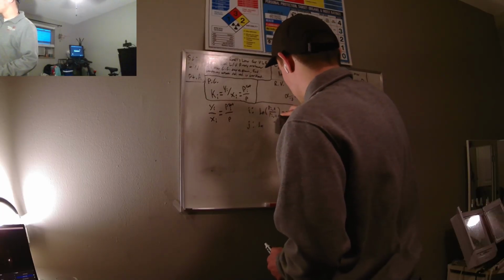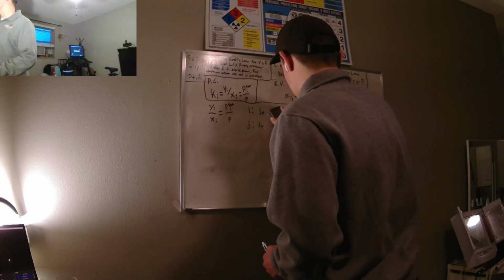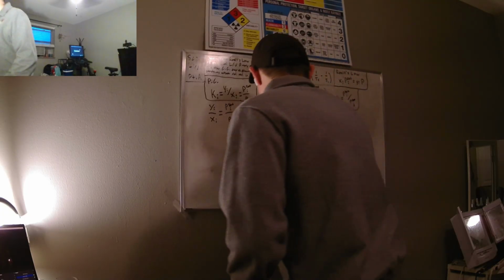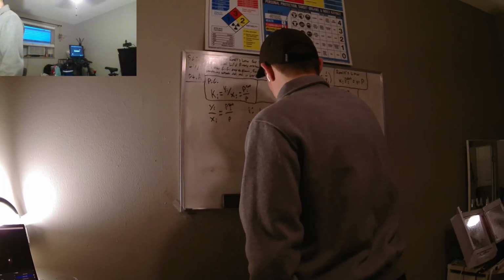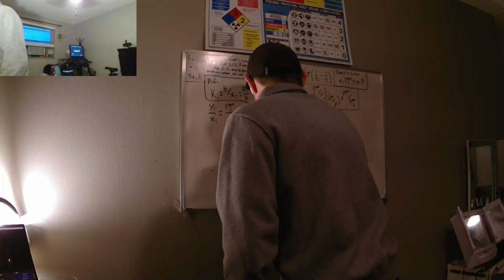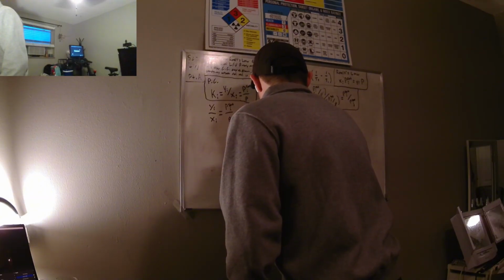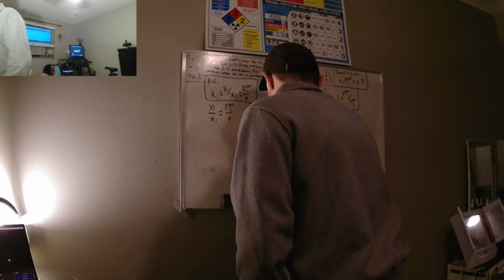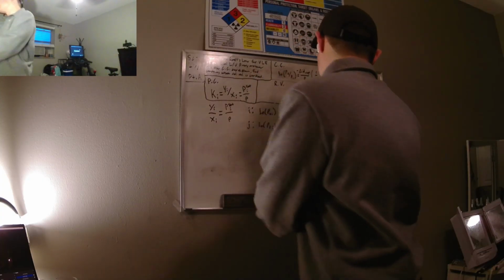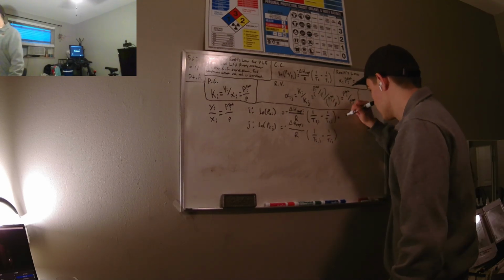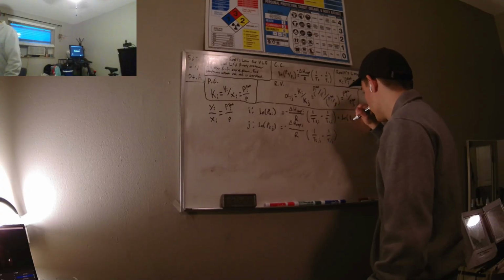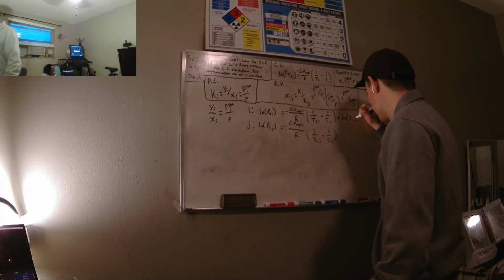If we subtract out these logs, we can get the natural log of P2i and the natural log of P2j is just going to equal this whole expression plus the natural log of P1i and P1j.